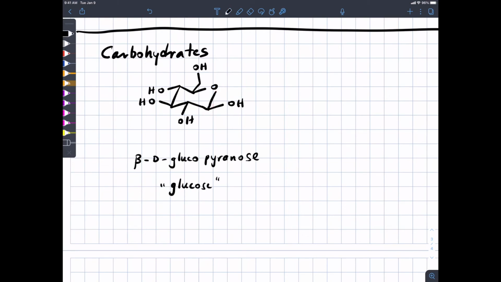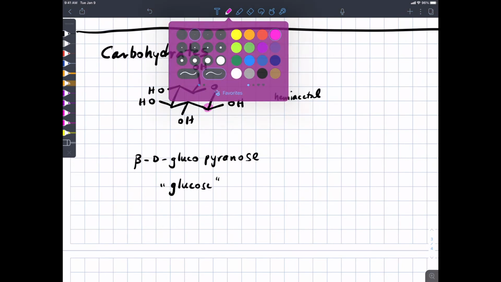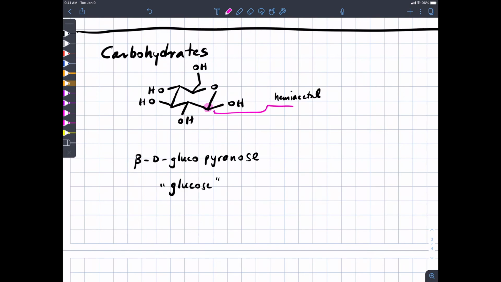That is a hemiacetal. And what that tells you, once you identify the hemiacetal, is that the carbon that's here, the one that's bonded to two oxygens, is called the anomeric carbon, for reasons we'll talk about in a little bit. Anomeric carbon.